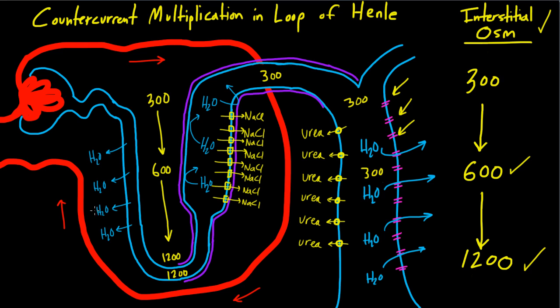And instead of the water hanging around and diluting out the interstitium, it takes the water and takes it back into the circulation. So the kidney can keep this area nice and concentrated for reabsorbing water only when it needs to. So it is a confusing concept, but these are the key points. You need the concentrated interstitium in order for water to move.